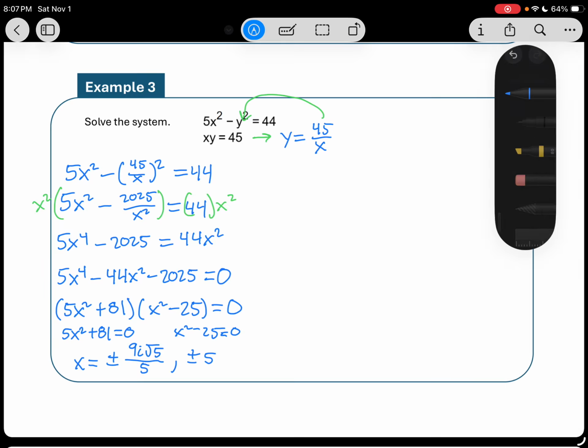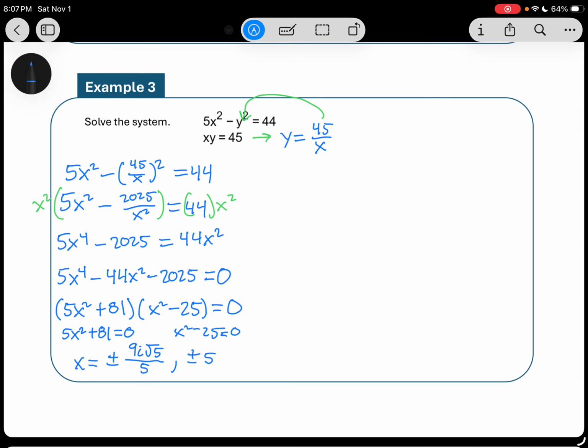Plug those in to that second equation where we have y solved for. So y is equal to 45 over, let's do the easy ones first. Let's plug in -5. So then y is equal to -9. And then y is equal to 45 over 5, which will give us +9. And now this one gets kind of gross.